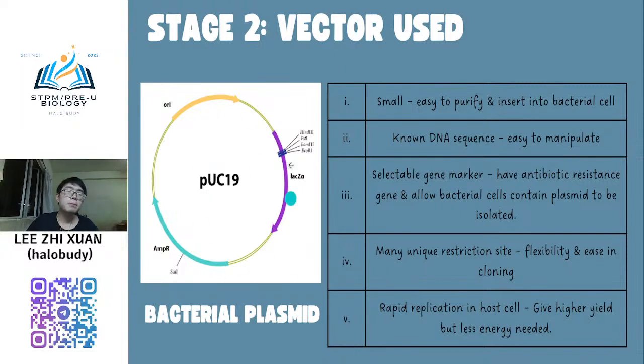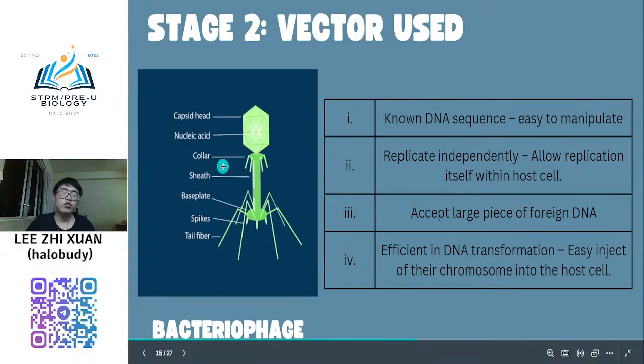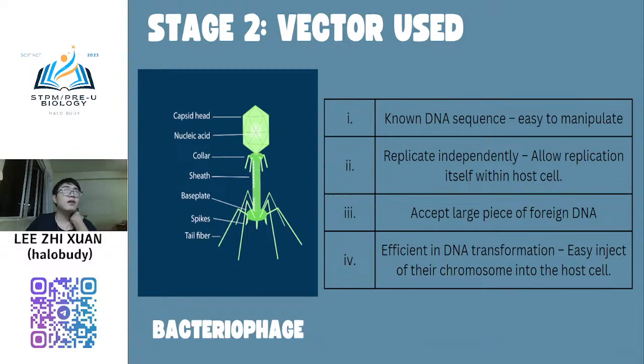Why don't we directly use the chromosome, or human DNA? And also another one is bacteriophage. Why do you use only these two? Why can't we use others like the chromosome?